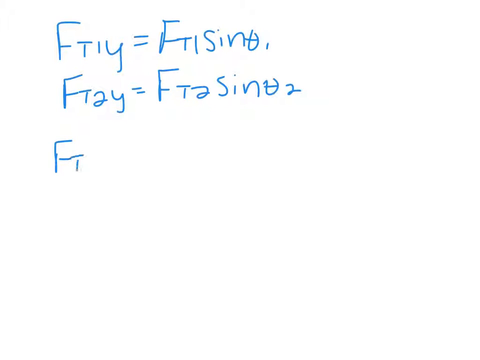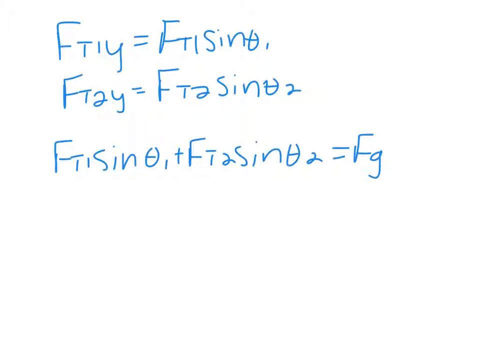So Ft1 sine theta 1 plus Ft2 sine theta 2 equals Fg. And I'm just going to isolate Ft2 right here instead of substituting in from the page before. It's the same exact thing, but I'm going to isolate that and then set them equal to each other. So this is just another way to go about solving. It's the exact same process as the Home Alone problem. I'm just choosing how I do the algebra to be a little bit different.